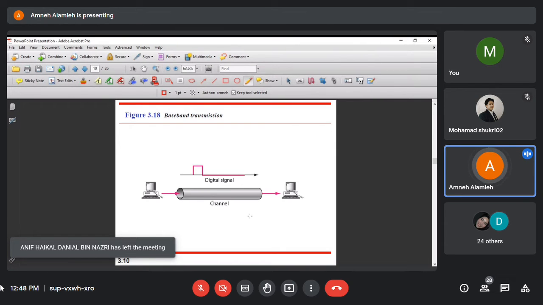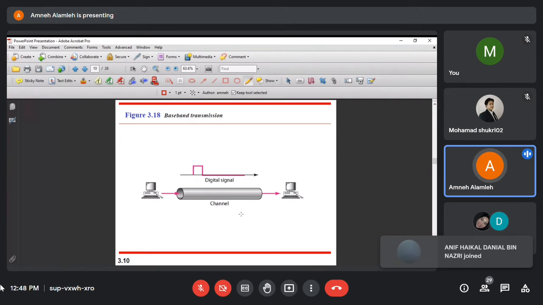Now we are going to learn a new concept, which is baseband. Baseband transmission means to transmit digital signals over the channel without converting the signal into analog.